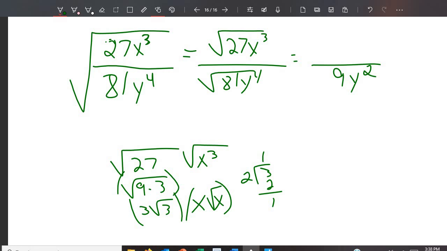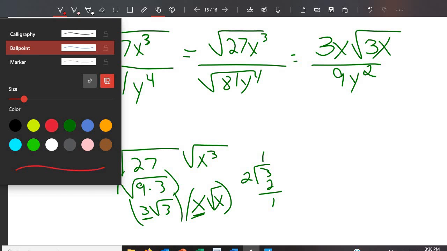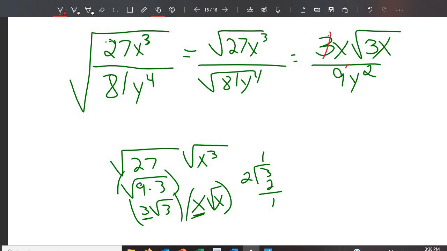Now, you can't leave it like this. We've got to simplify it. There's a 3 and an x on the outside. There's a 3 and an x underneath. And luckily I can simplify this one a little bit more. I can divide each one of those by 3. So we'll get x square root of 3x over 3y squared.